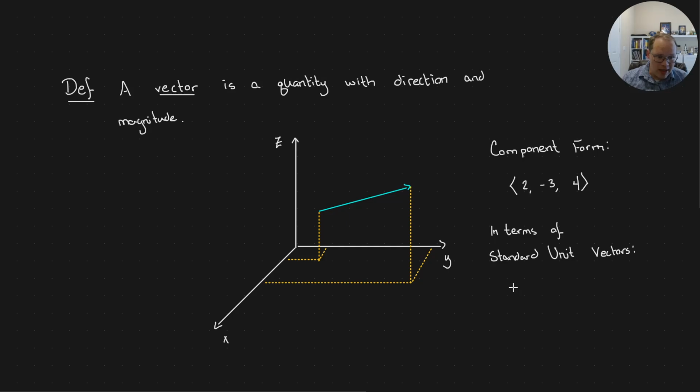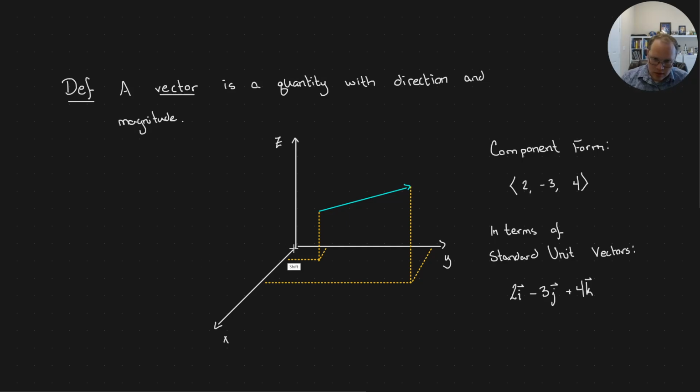And here we use i and j just like before. i is the unit vector pointing down the x-axis. j is the unit vector pointing in the direction of the positive y-axis. And then we need one more vector because we have an additional dimension, right? So we let vector k be the unit vector pointing down the positive z-axis.